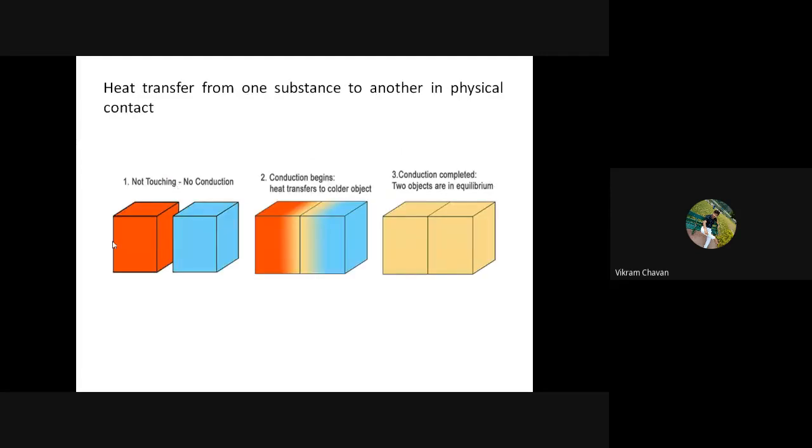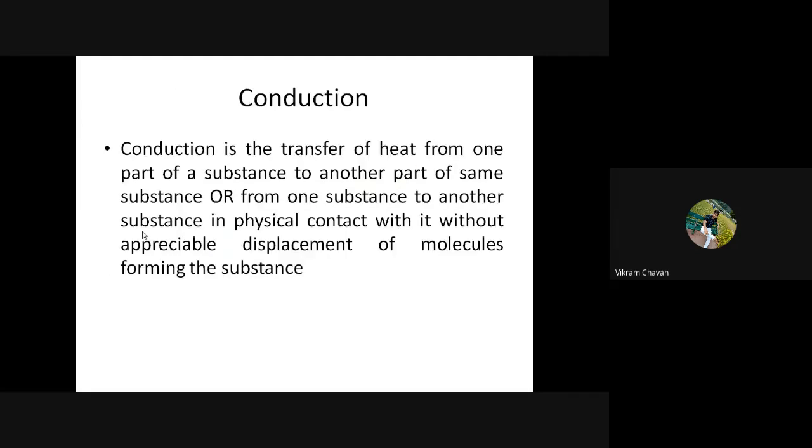Here also there is no transfer of molecules from one substance to another substance, so in conduction there will be no appreciable displacement of molecules of that particular substance. So that is the meaning of the last few words: without appreciable displacement of molecules forming the substance.